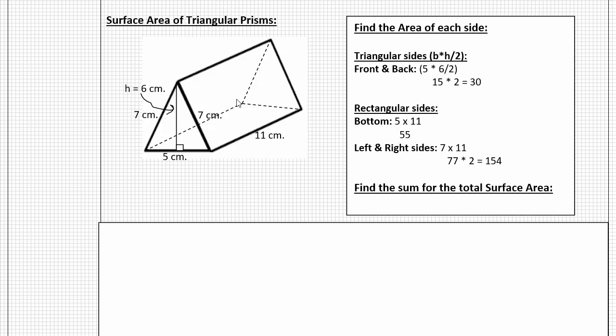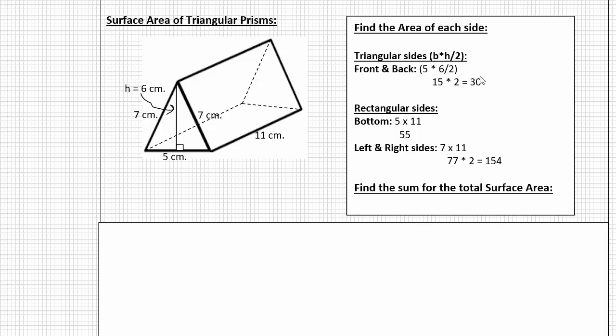The left and the right, they had the dimensions of 7 by 11, which is an area of 77, so that'd be for one of those rectangles. But there are two of them, so that's why I've multiplied it by 2 for the combined area for the left and right sides being 154 centimeters squared. So now, what's our last step? That's right.